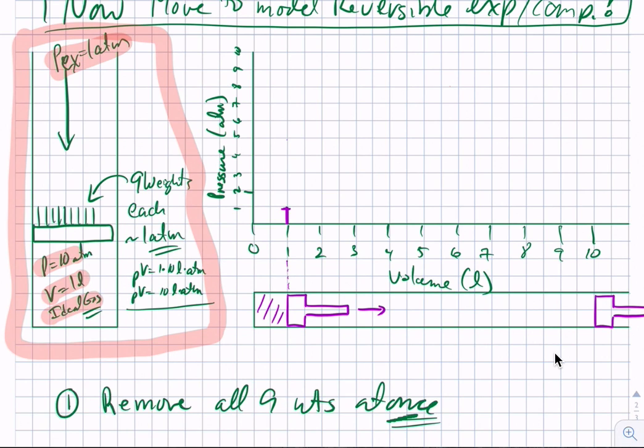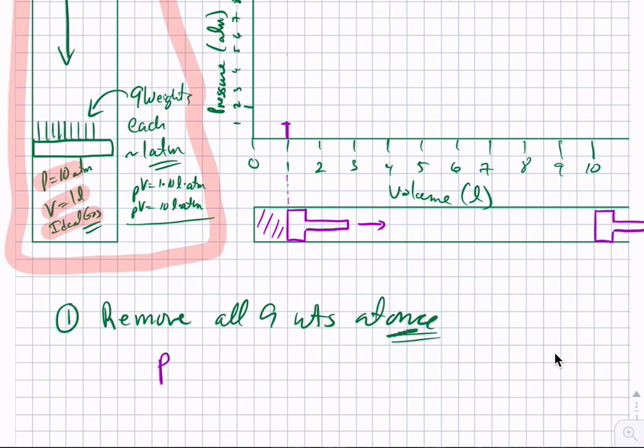It's going to go out until the pressure inside is equal to the pressure outside. So that means PV is going to be constant, so P1V1 is going to equal P2V2. So if we're going from 1 liter and 10 atmospheres to 1 atmosphere, then we're going to be at 10 liters to keep those two equal.